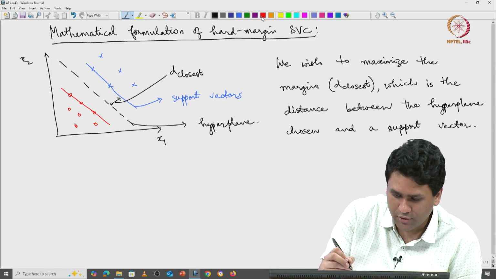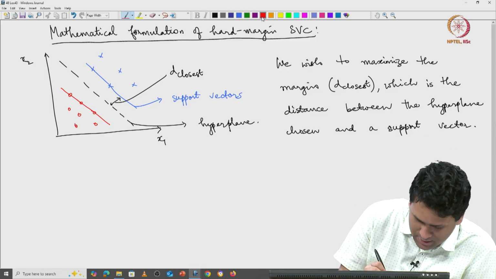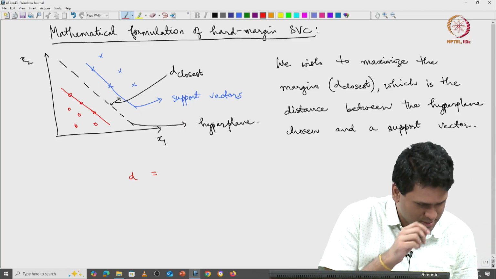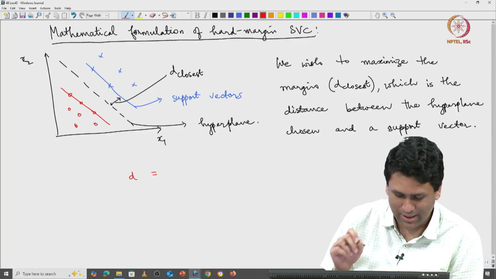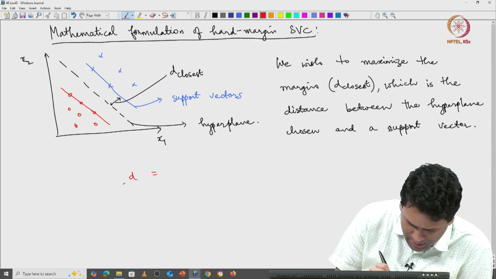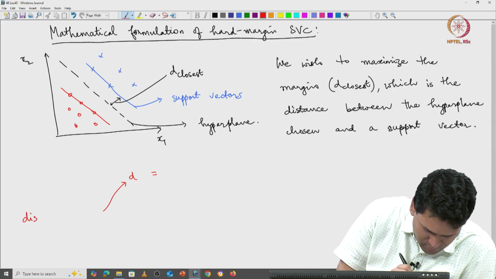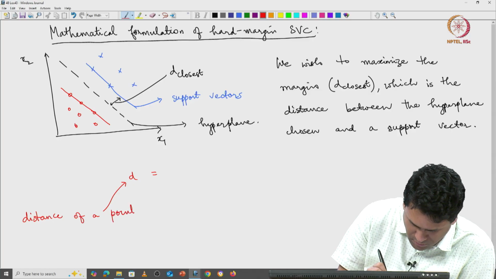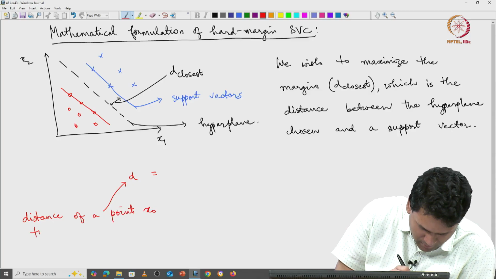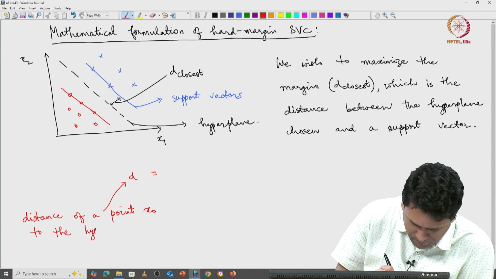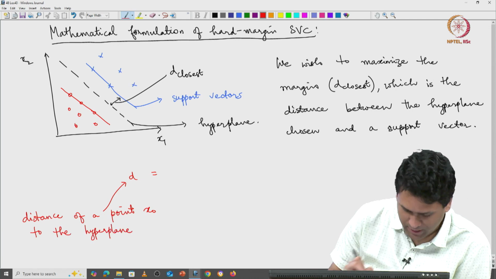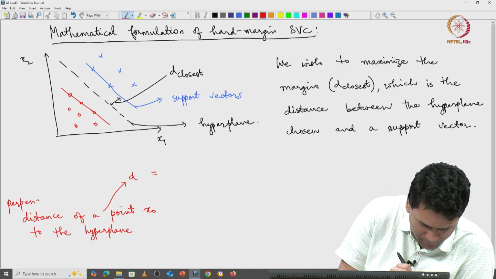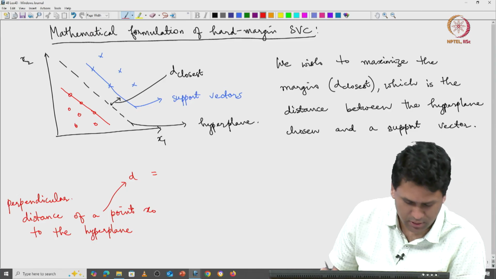Okay. So if you look at this, the distance of a point to a plane can be written as follows. So this d is the distance of a point x naught to the hyperplane, and by distance we are referring to the orthogonal perpendicular distance.